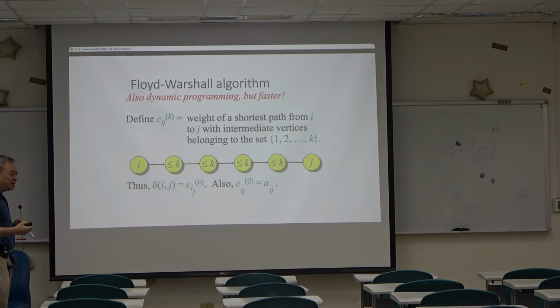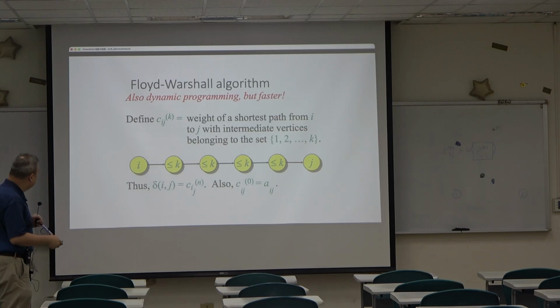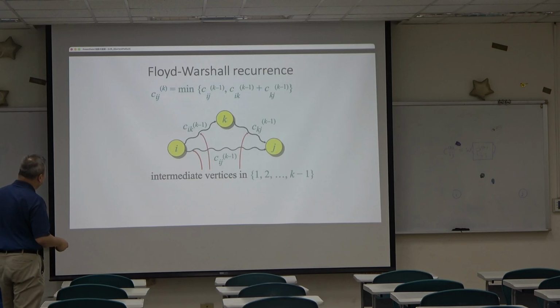But we need a recursive formula to be able to build this Cijk from the lower k value. So that's how we do it.